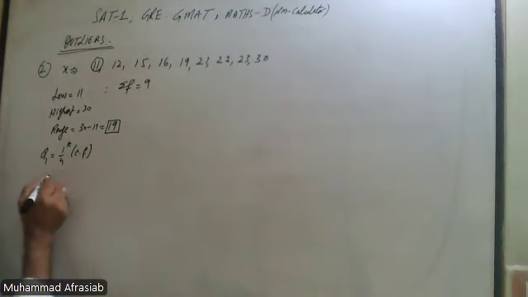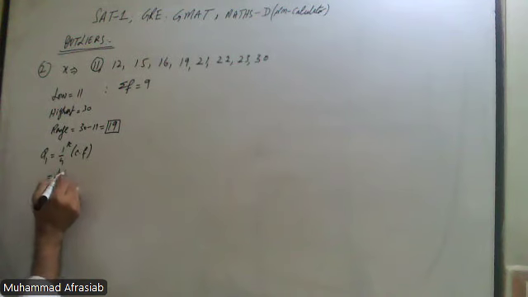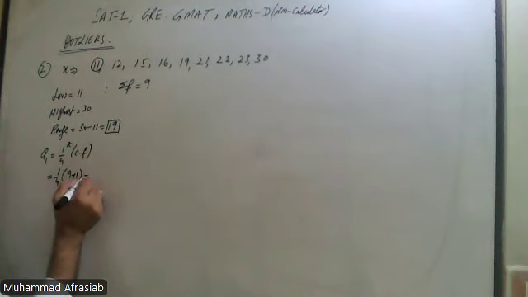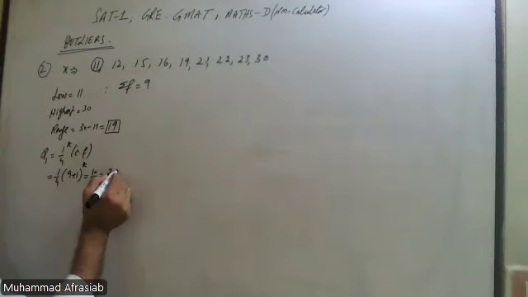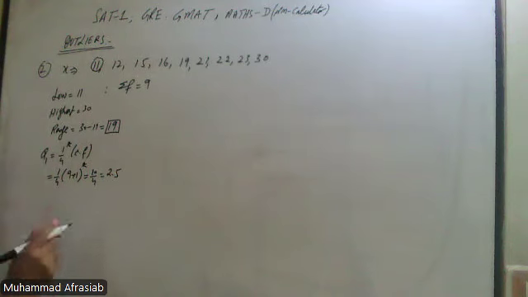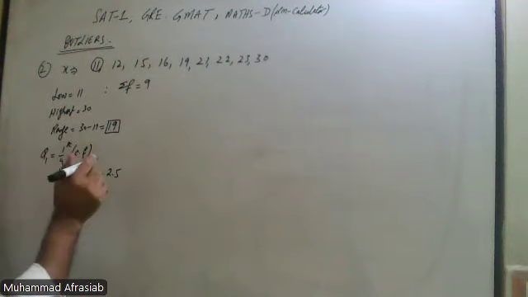So we have 1/4 of 9 plus 1, that is 10th. So 10 over 4 is 2.5. So the lower quartile is 2.5.